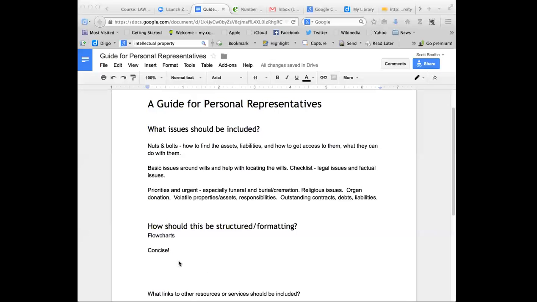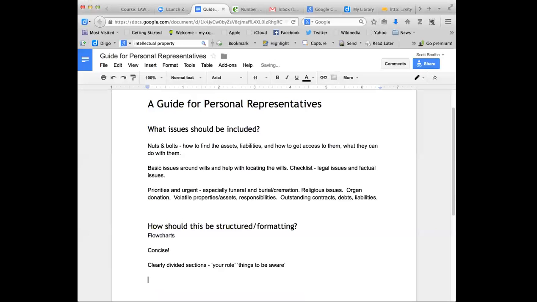Thanks, Andrew. Okay, so Andrew suggested that we have clearly divided sections. Your role, things to be aware of, which is a great point. I was looking at a lot of the help sheets and guide sheets from various firms going into preparing for this subject.